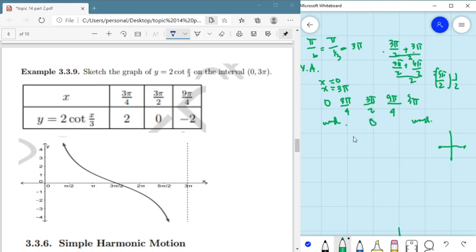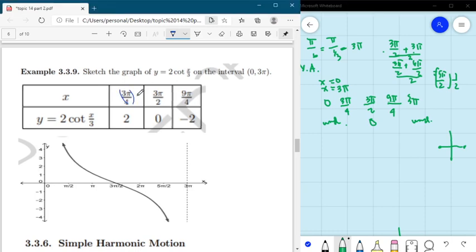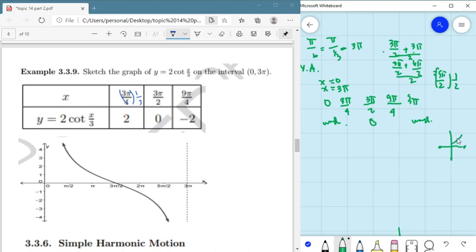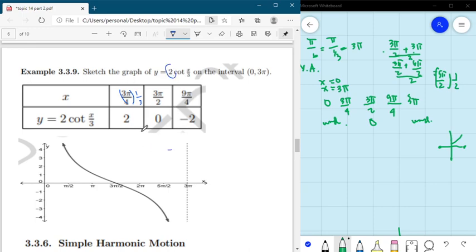Okay. Now for 3 pi over 4, multiply by 1/3, so it is pi over 4. The cotangent of pi over 4 is positive 1, times 2 outside, so it becomes positive 2.